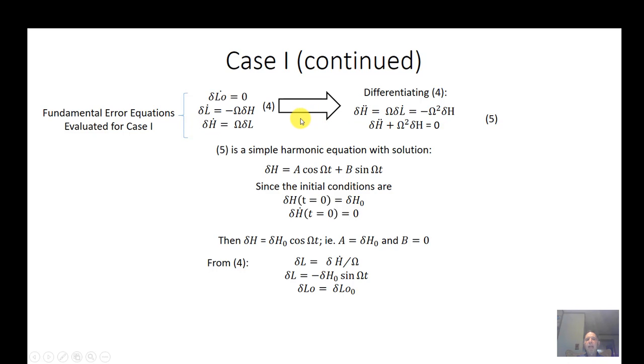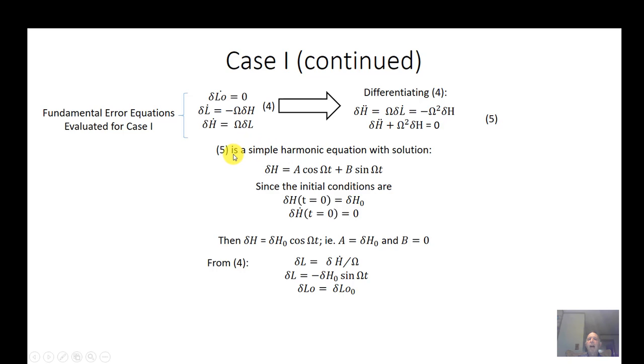So if we differentiate this third equation from the fundamental error equations, we obtain delta H double dot equals omega delta L dot, and then substituting for delta L dot from the second equation, that equals minus omega squared delta H. We then move the minus omega squared delta H to the left side, and obtain delta H double dot plus omega squared times delta H equals 0.